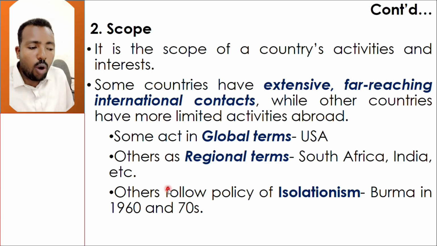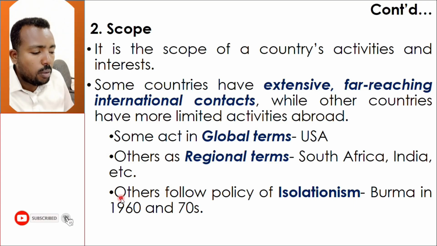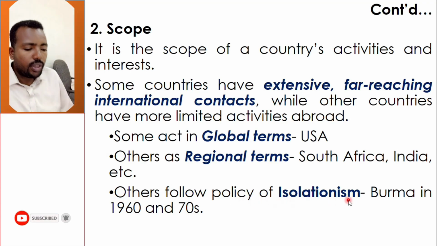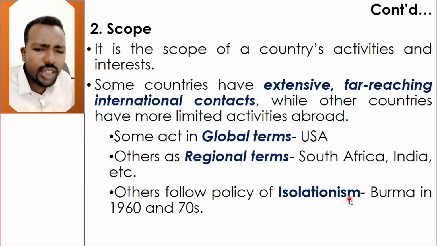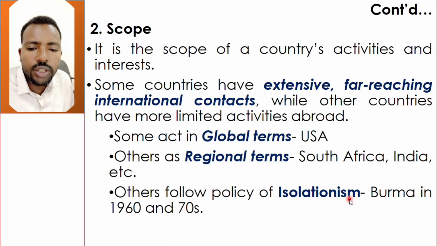So this is the operation and activity of the country from regional perspective. And the third one is others follow policies of isolationism. Basically, these are countries that would isolate itself to focus on its internal or domestic politics and using the resource that it has to the maximum without requesting others to help and also give any other resources to achieve its objectives.